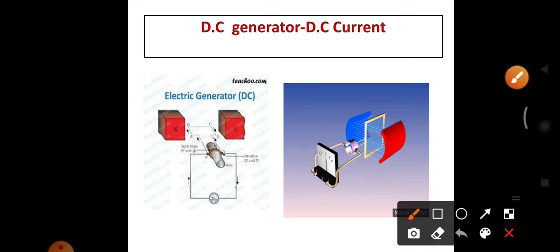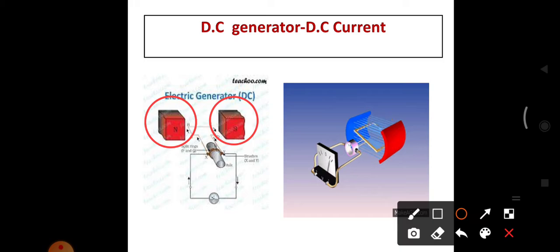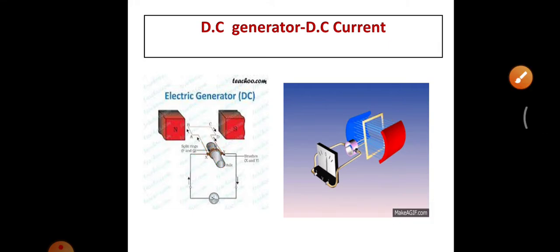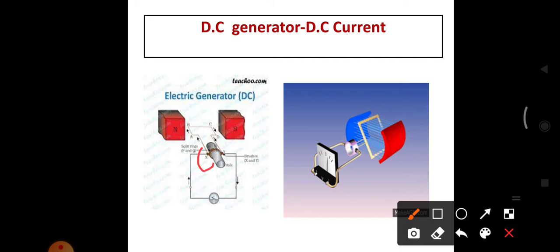Here is the rectangular coil ABCD placed between the two permanent magnetic poles, and the coil is connected to split rings P and Q, and there are two carbon brushes X and Y. X and Y are connected to P and Q.